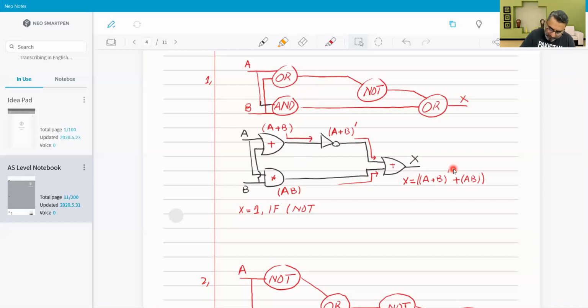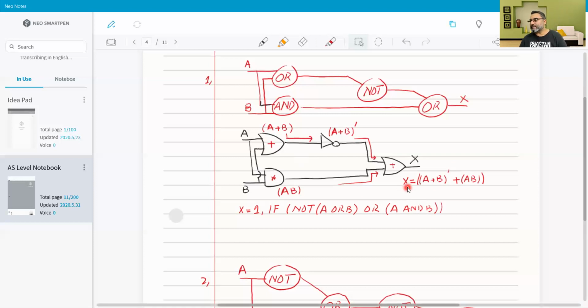So if not A or B, and then we have this OR A and B. You can see that X is equal to 1 if not A or B, or A and B.